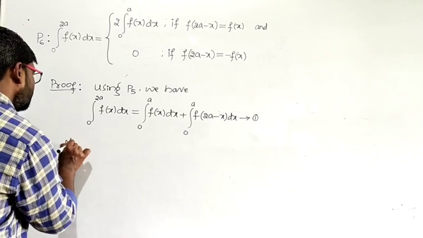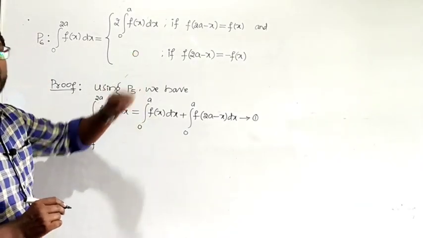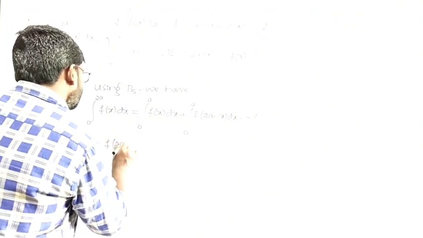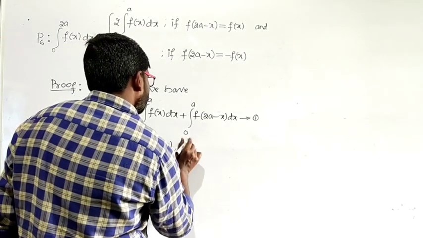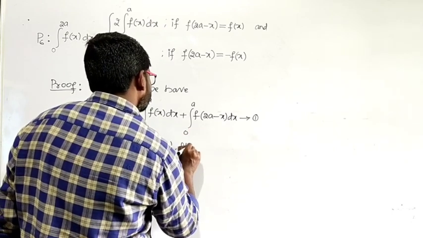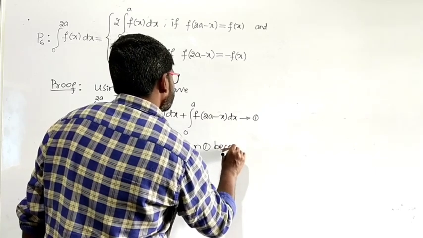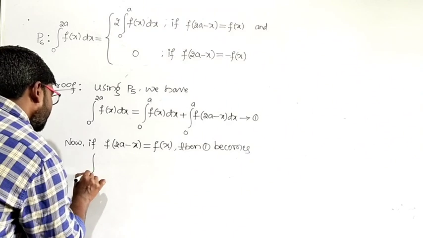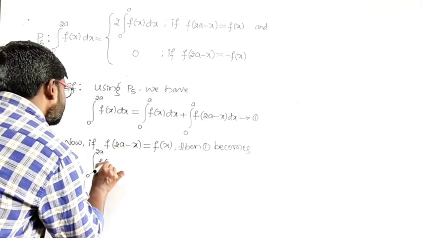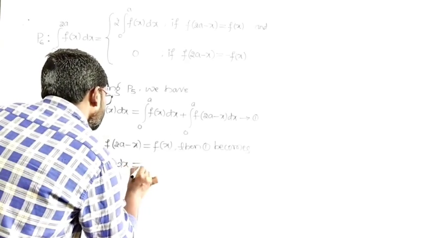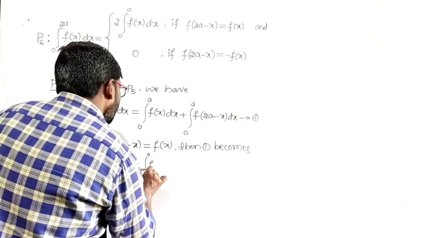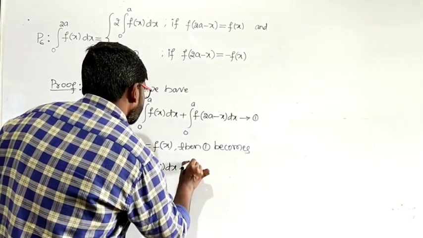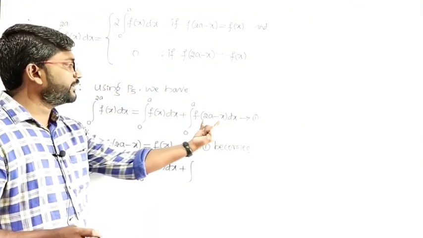Now if f of 2a minus x equals f of x, then equation 1 becomes the integral from 0 to 2a of f of x dx, which is equal to, I write this as it is, the integral from 0 to a of f of x dx plus the integral, see here what is the condition now, f of 2a minus x equals f of x.